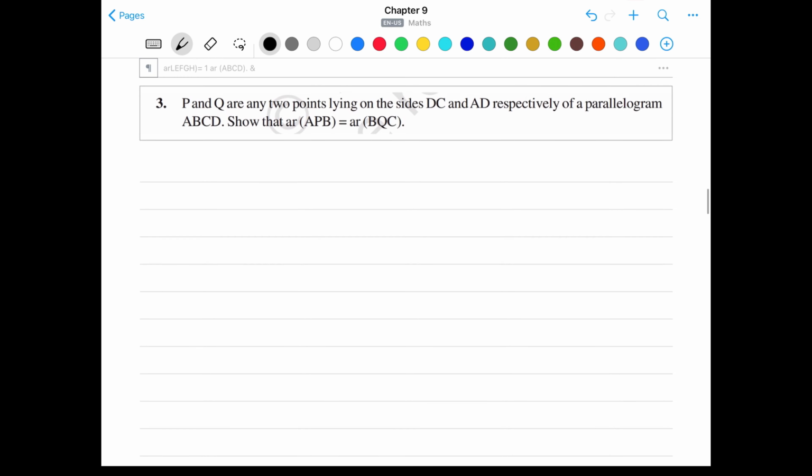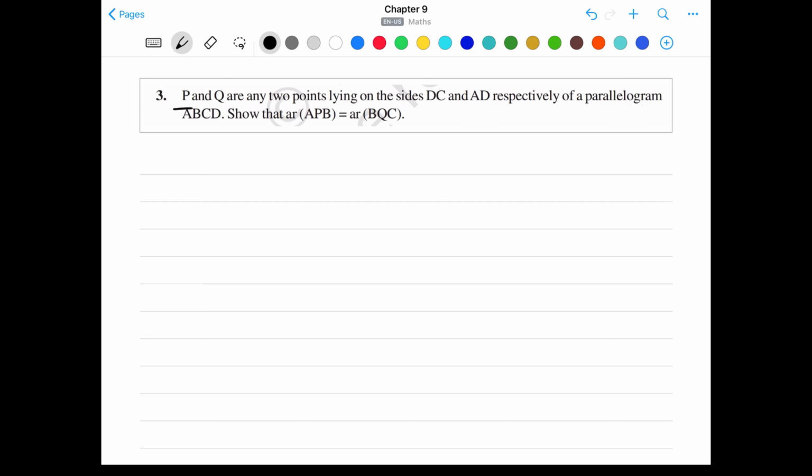Okay, now moving to the next question. Question number 3: P and Q are two points lying on the sides DC and AD respectively of a parallelogram ABCD, and we have to show that the area of triangle APB is equal to the area of triangle BQC. So let's first draw its figure.